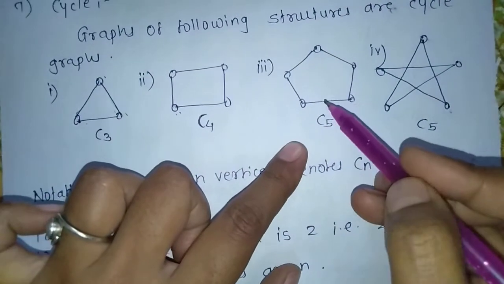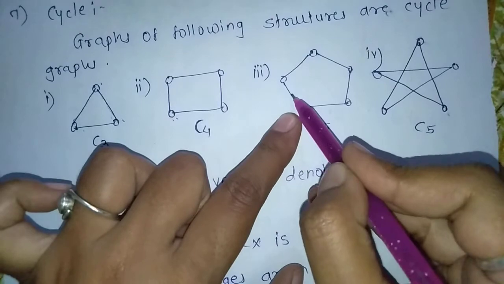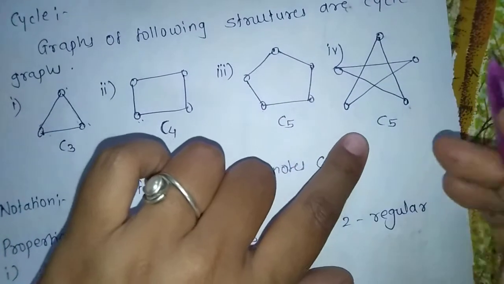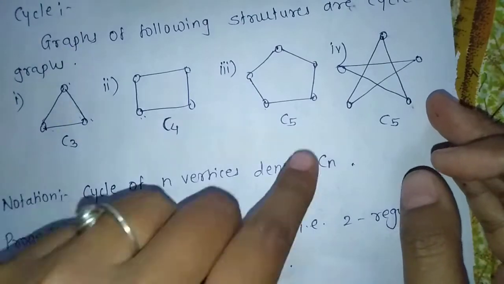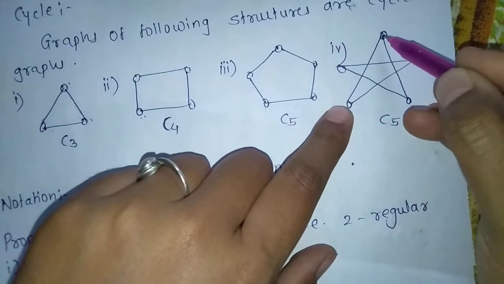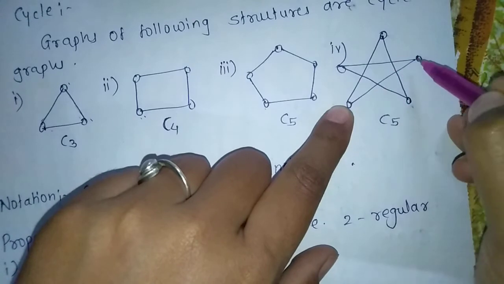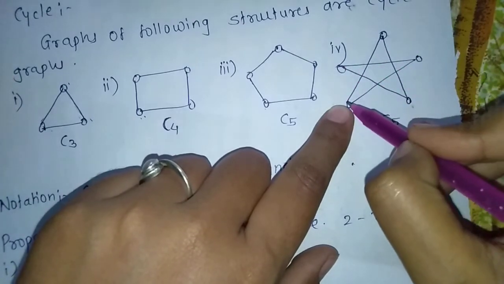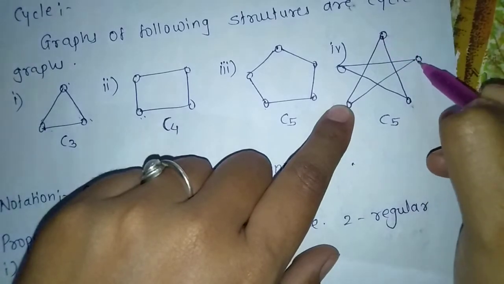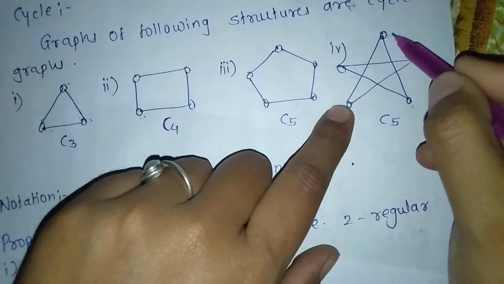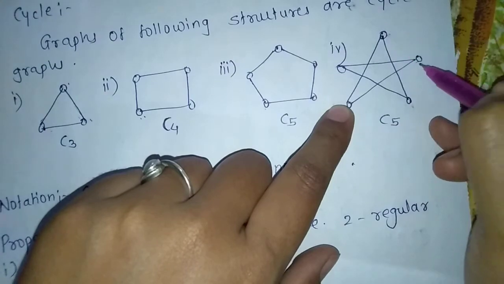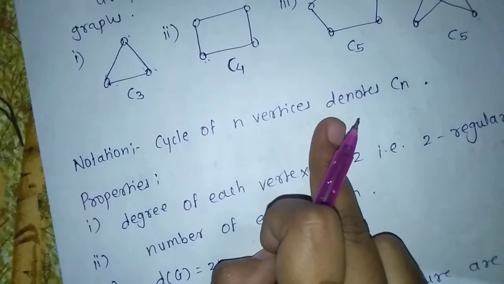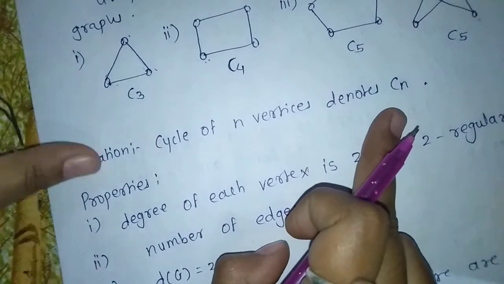For C5, draw 5 vertices, start here, and we cannot stop drawing edges, so this becomes a cycle. If we stop here or here, this is not a cycle. Notation: a cycle of n vertices is denoted Cn.